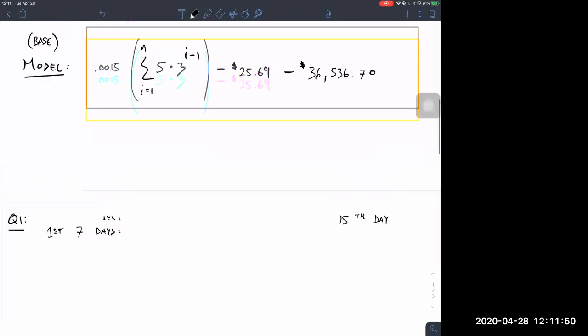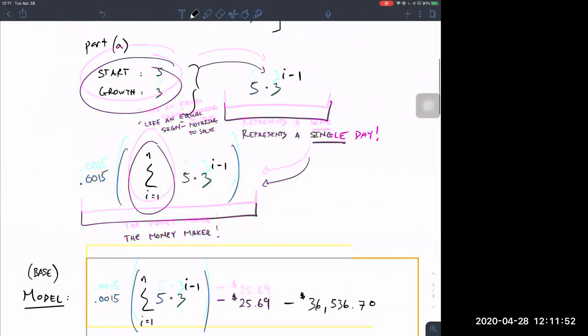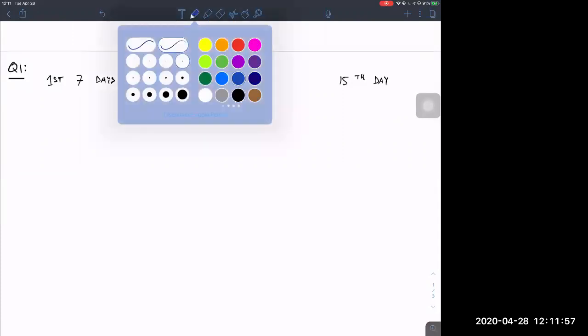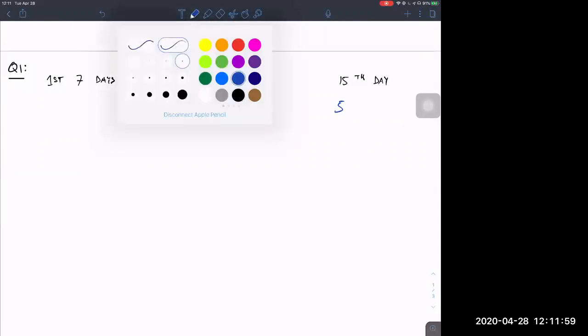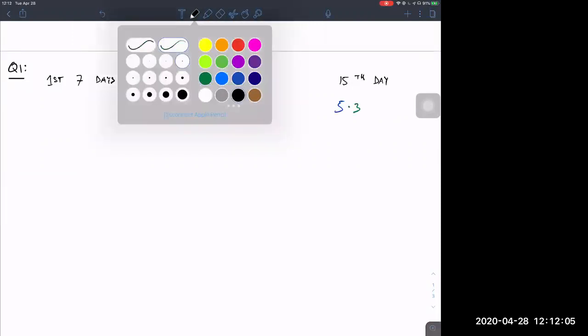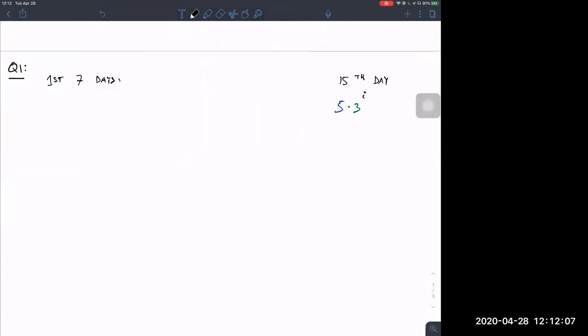Remember how I said this was a single day? All you do is take those same numbers, which again are 5 times 3 to the i minus 1. And again, no summation because you're not adding up anything. It's just the 15th day.